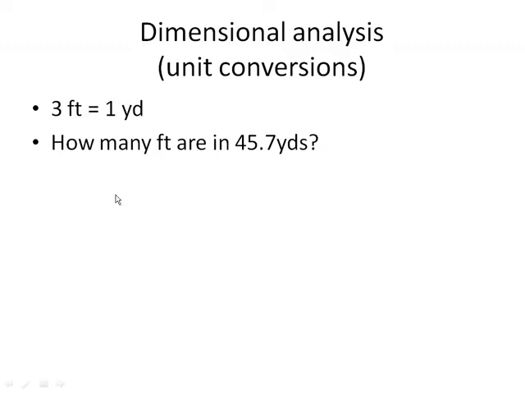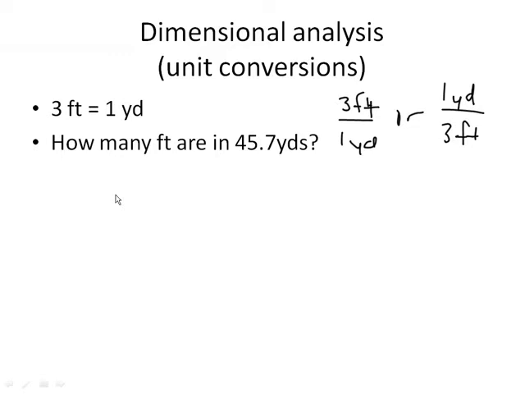So we have this question: how many feet are in 45.7 yards? We know that 3 feet equals 1 yard, which means we can write our ratio as 3 feet over 1 yard, or 1 yard over 3 feet.